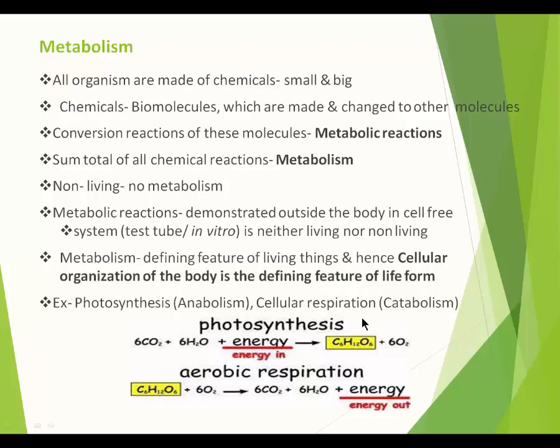Photosynthesis, where the accumulation of glucose is taking place, so the weight of the cell and the organism will increase, while in respiration, the glucose is broken down into water and carbon dioxide, both of which will be eliminated out of the body. And don't forget about the energy. So respiration is the classical example of catabolism, and photosynthesis is the classical example of anabolism.